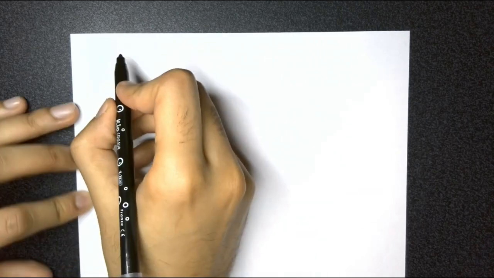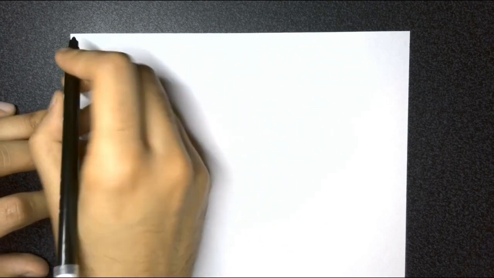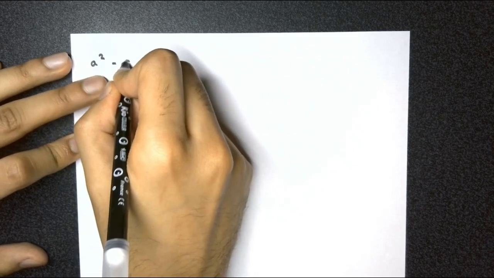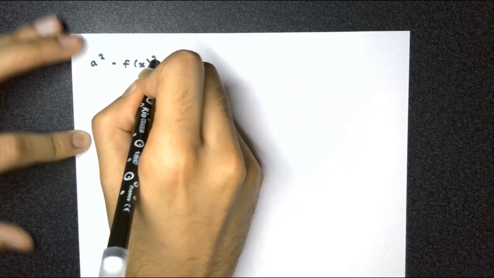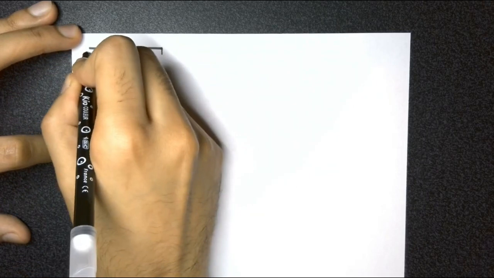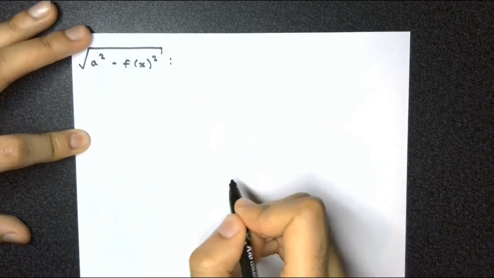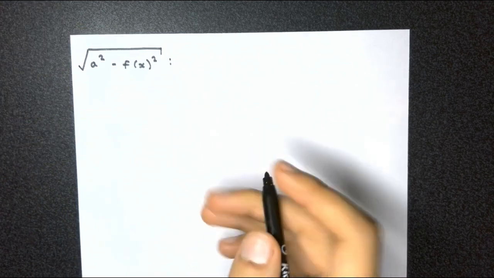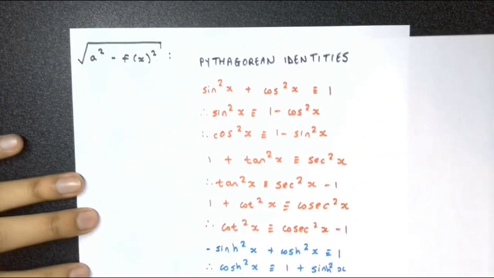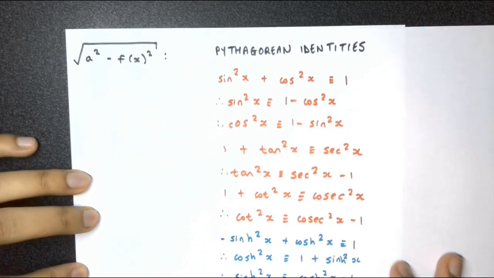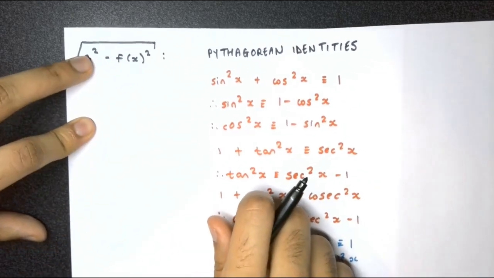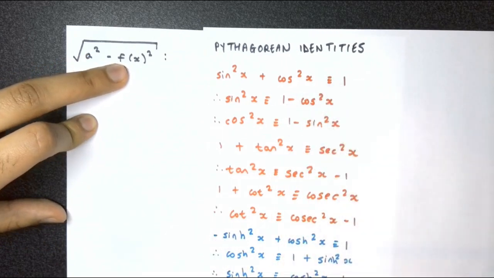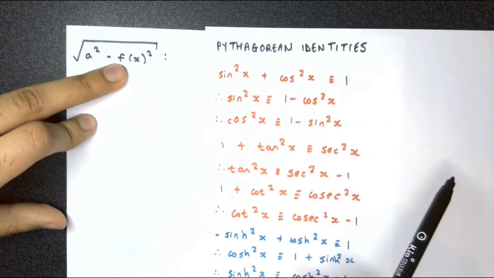Now, one situation which we could have is having something like, in our integral, a squared minus f of x squared square rooted. In this situation, we need to think about some of the Pythagorean identities. You can think of the a to be 1 and the f of x being something involving trig or hyperbolic trig.